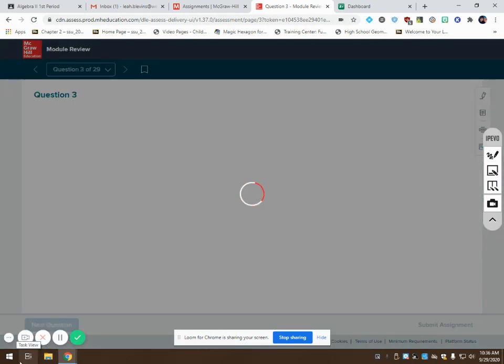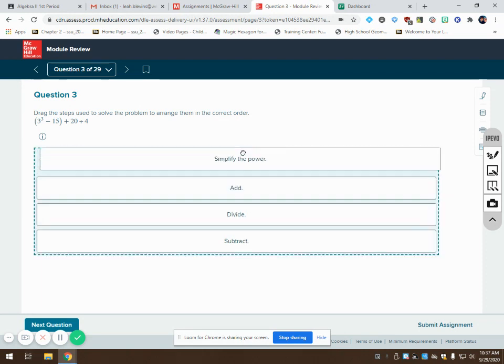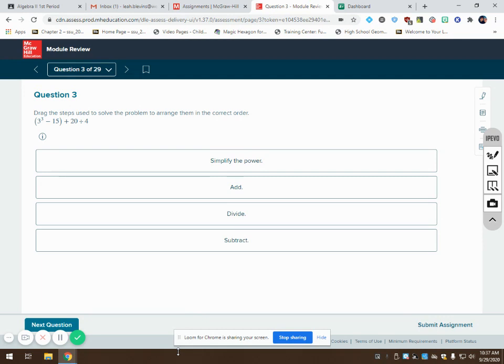Question number 3 says, drag the steps used to solve the problem and arrange them in correct order. Well, following order of operations, we know that we should simplify the power first. Exponents come first. Technically, parentheses come first, but inside of that parentheses, what we have to do is simplify the power.